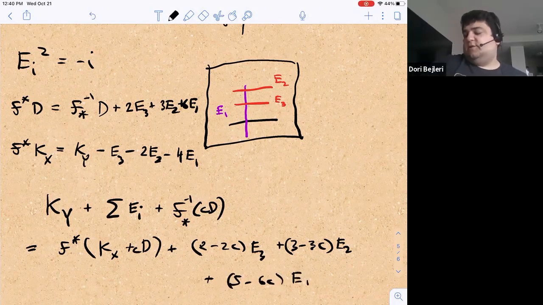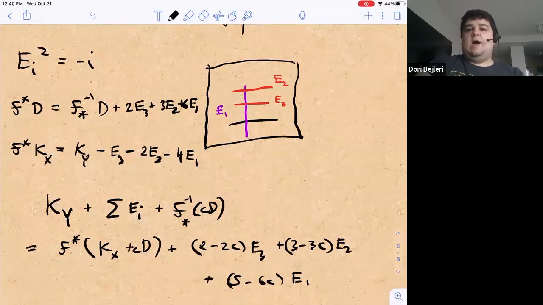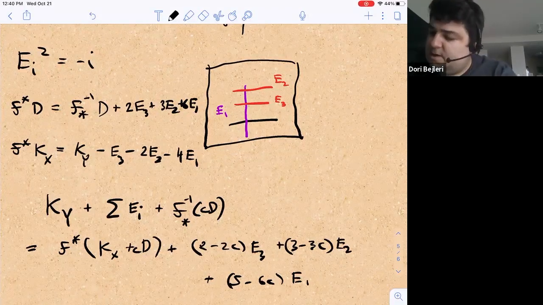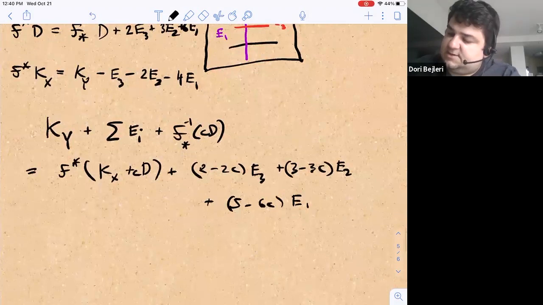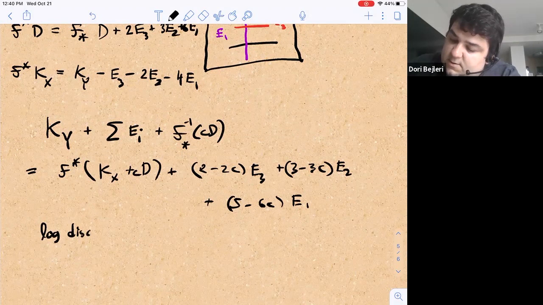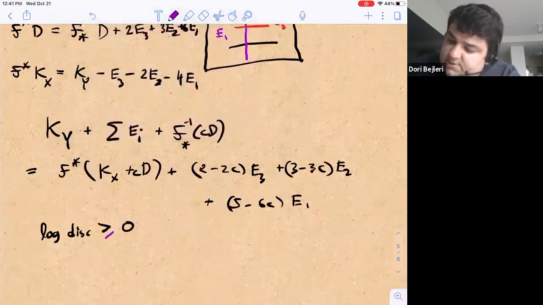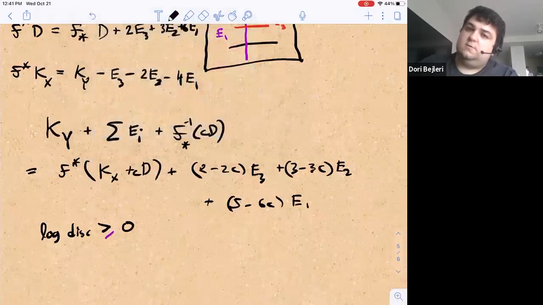The reason I wrote it this way, in the log form with log discrepancies, is just because I find it easier to compute this way. You write it this way and then you can solve for the coefficient on the other side by using adjunction, by smashing each side with Ei and using the fact that KY plus Ei dot Ei is the canonical of Ei. So with log discrepancies, we need the log discrepancy to be greater than or equal to 0 for log canonical, and greater than 0 for KLT.